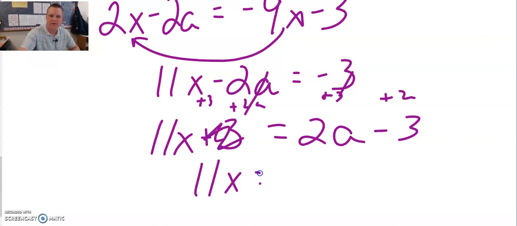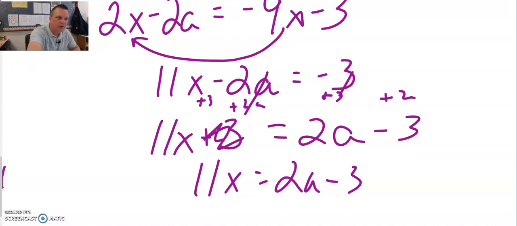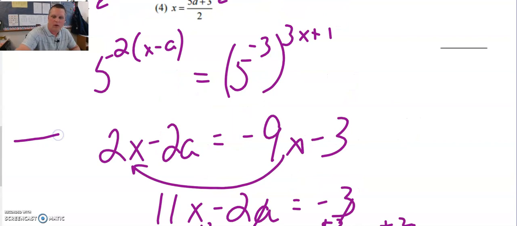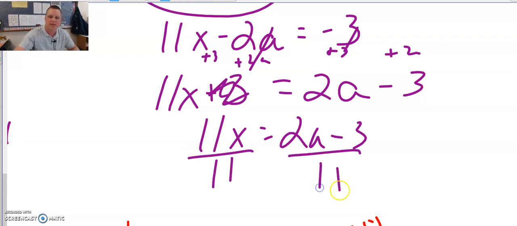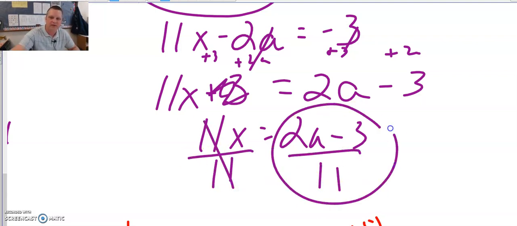So we have 11x equals 2a minus 3. I brought these over thinking to get the a by itself, but when I look back at the choices, you had to get the x by itself. So I did all this moving around where you didn't need to. So divide both sides by 11, and you have x equals 2a minus 3 over 11.